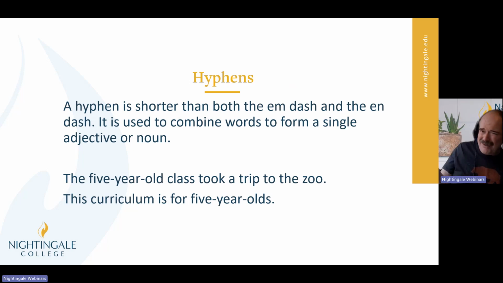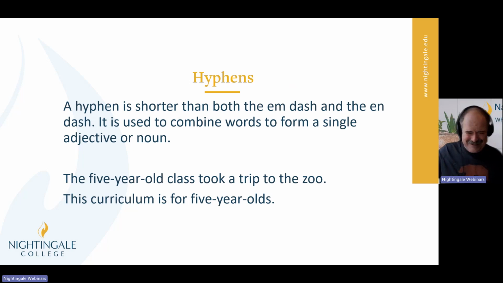The word 5, it's a number. It could be described as an adjective. Most current grammarians would call it a determiner, which I don't talk about as much here at Nightingale. Year is a noun. Old is an adjective.